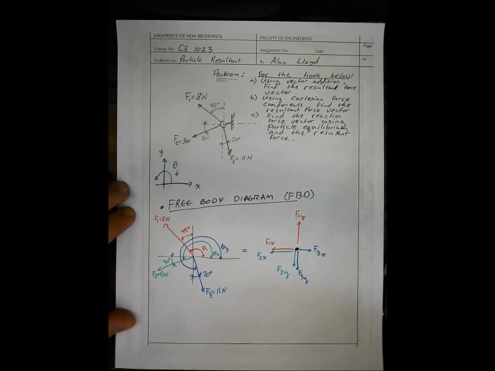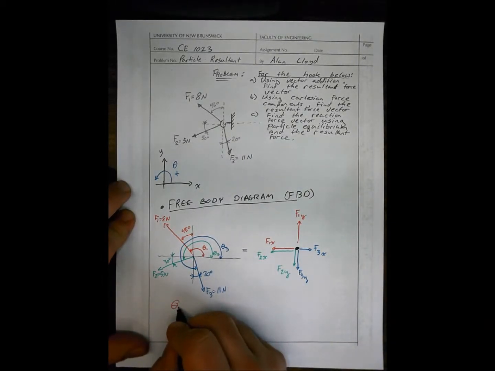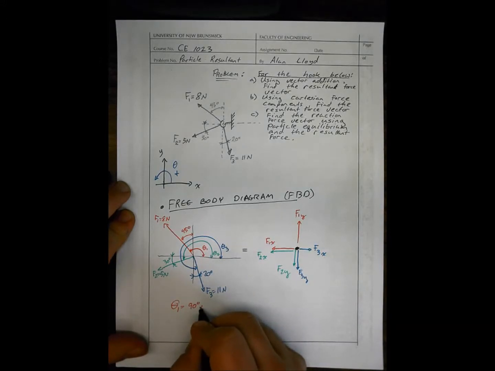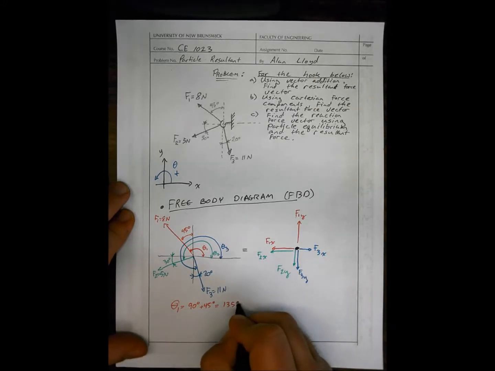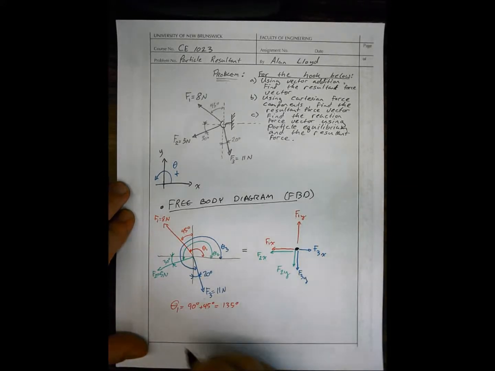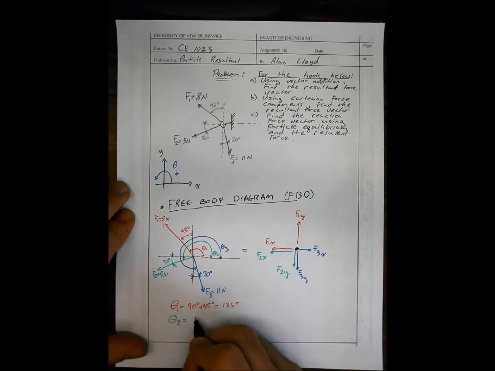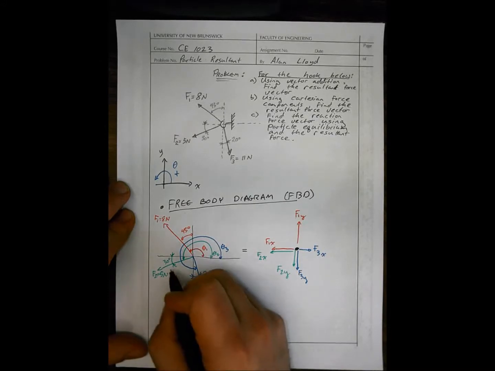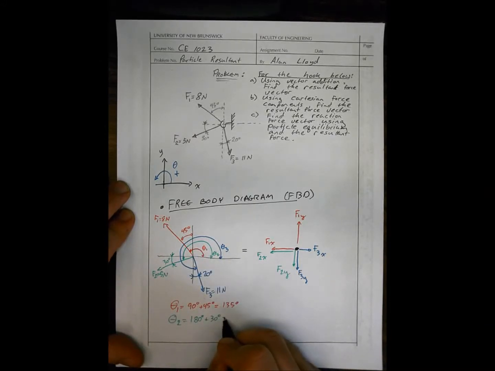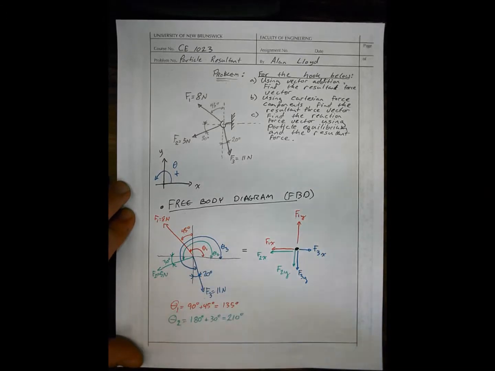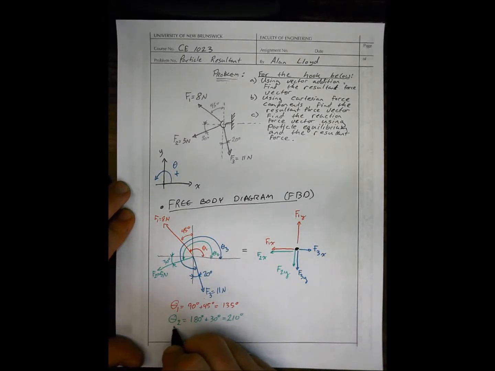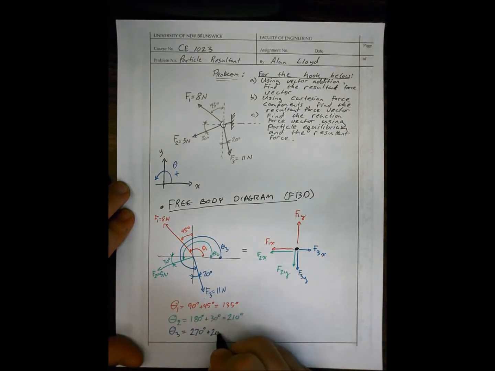So let's determine the magnitudes of those, and it's quite simple. Theta 1 is equal to 90 degrees plus 45 degrees, and this is equal to 135 degrees. Theta 2 is equal to 180 degrees plus 30 degrees, 210 degrees. And finally, theta 3 is equal to 270 degrees plus 20 degrees is equal to 290 degrees.